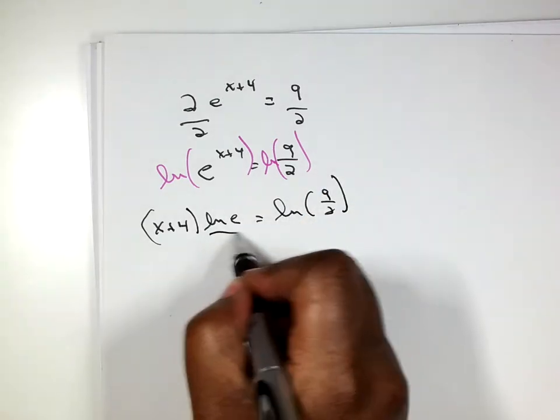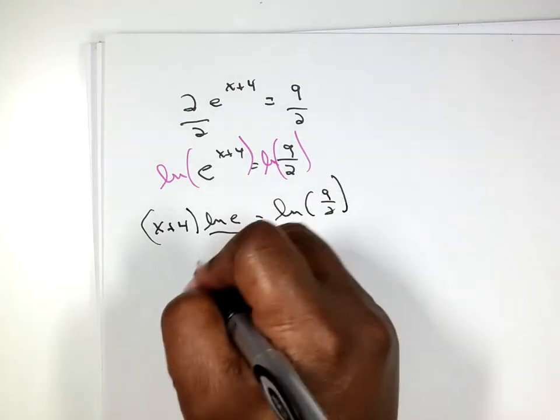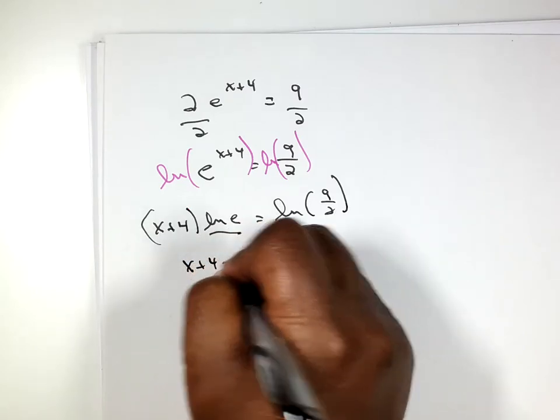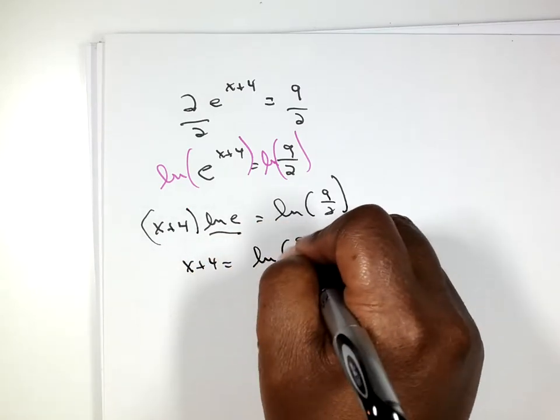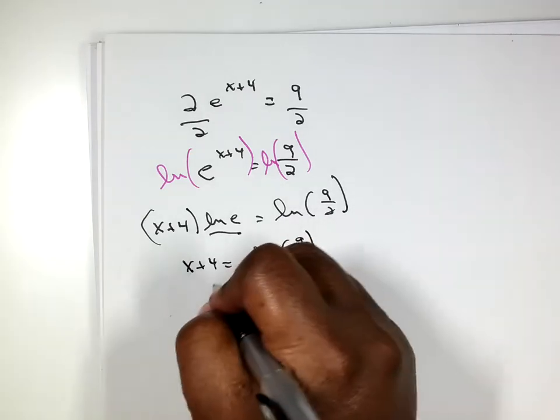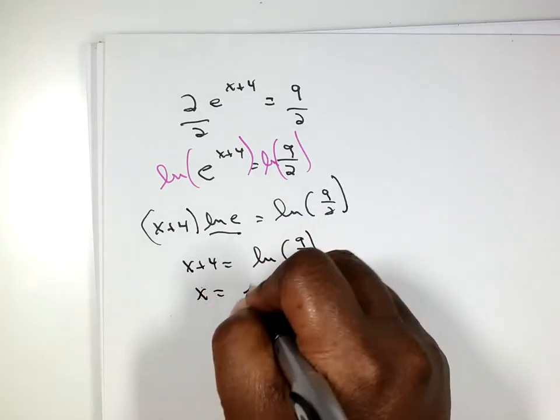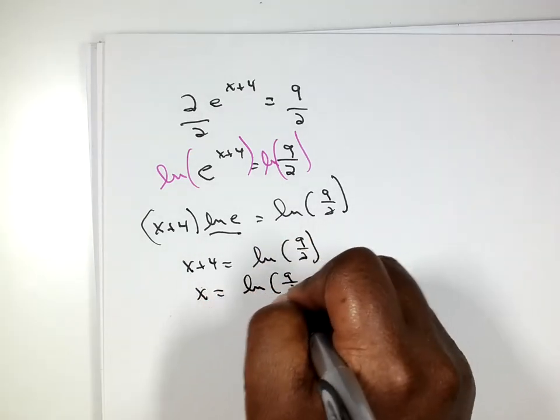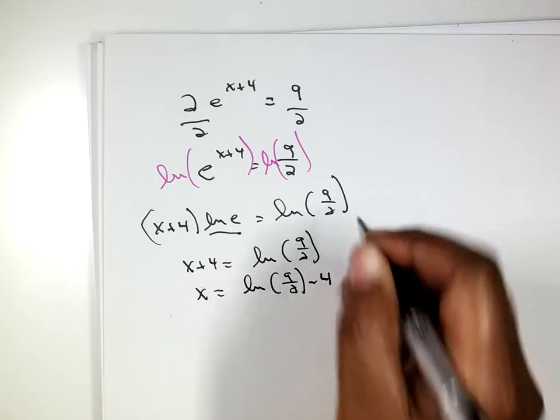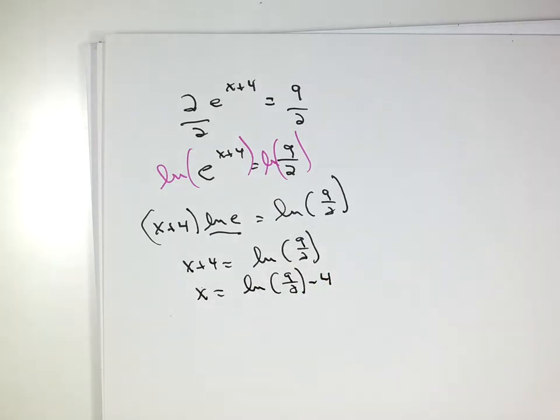And ln of e is just equal to 1. So I get x plus 4 is equal to the natural log of 9 halves. And then just subtract 4 from both sides. So that's the exact answer.